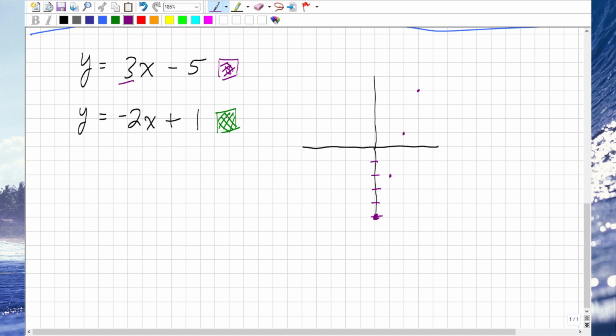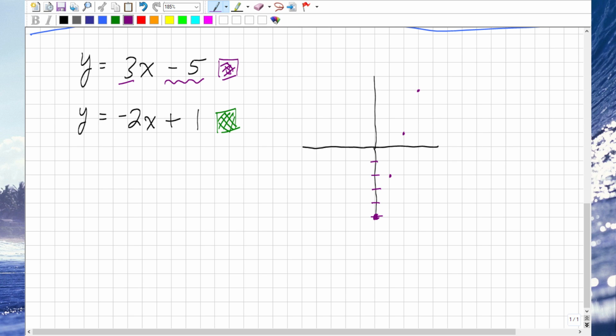Okay, so for this example, we have 2 more. Now what we're going to do is graph each one separately. So for the first one, I said I was going to graph it in purple. And we start at -5 on the y-axis, way down here.